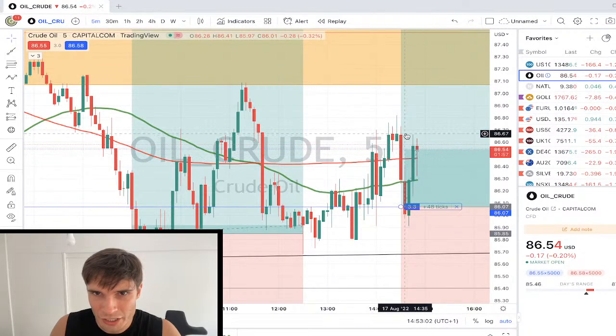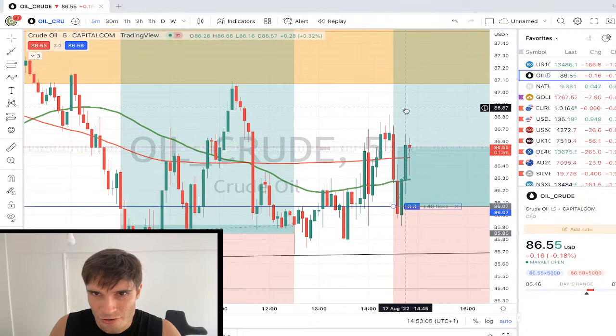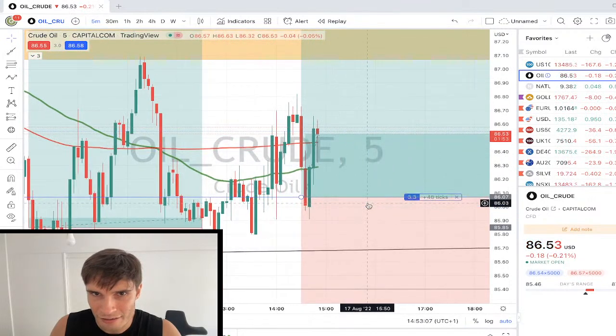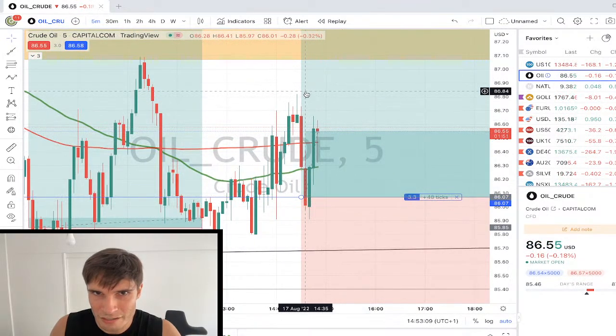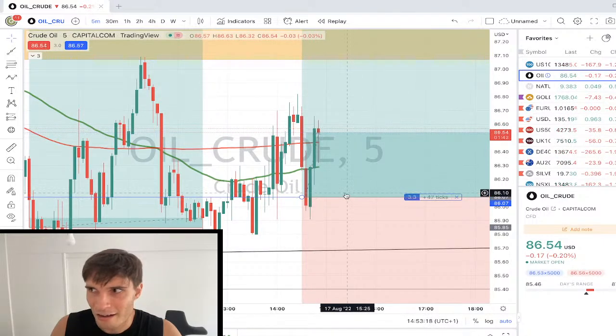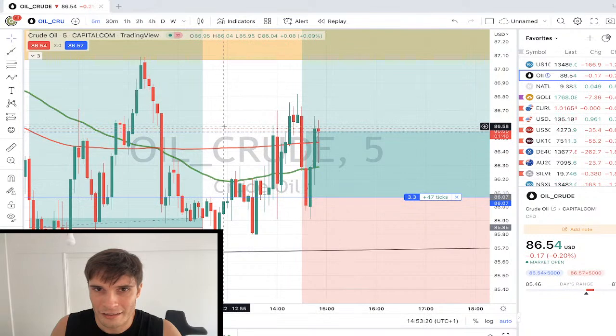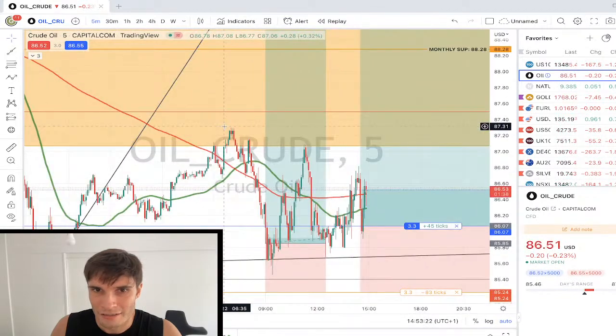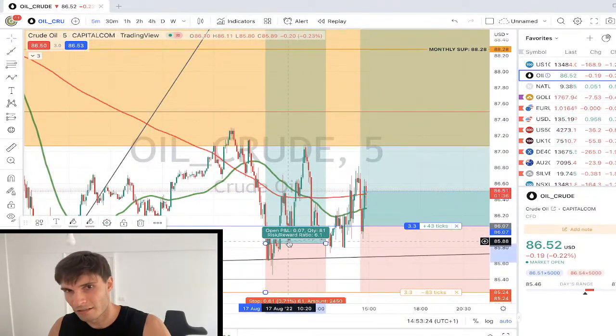If it can pick its direction now and break through, then I can set a break even stop. So what I want to see is it trade in this level, 86, 85. Once I see that, I'll set a break even stop, and then we're good for that trade. So I'm gonna delete this.